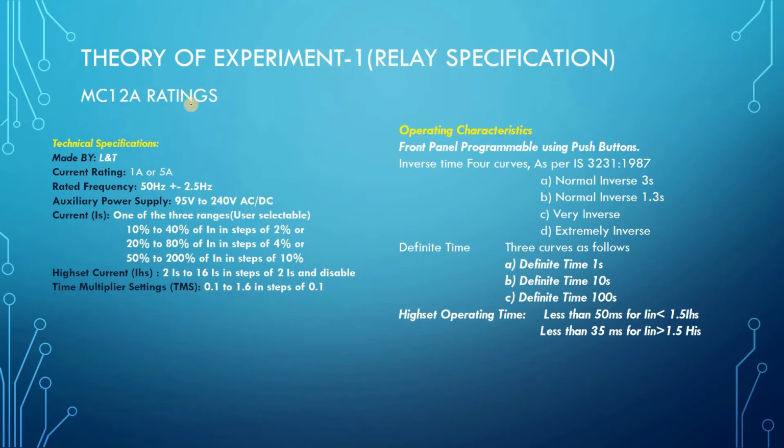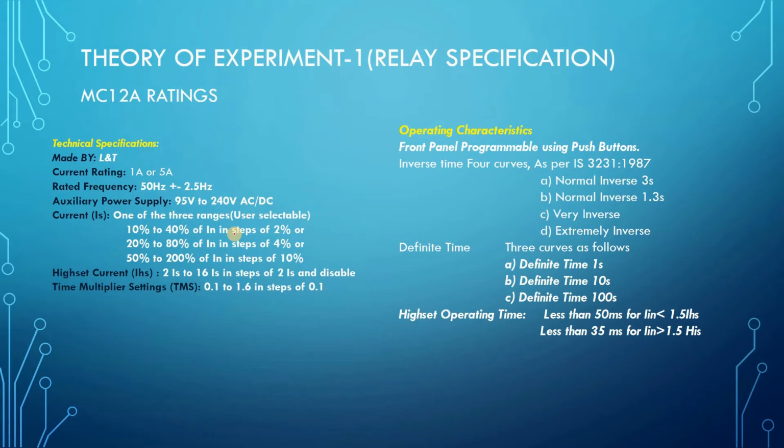As you know, this MC12A is made by L&T, and its current rating can be 1 ampere or 5 amperes as before, and its rated frequency is 50 Hz plus or minus 2.5 Hz. Auxiliary power supply is required here, but in the earlier case, no auxiliary power was required. That is the advantage of electromechanical relays.